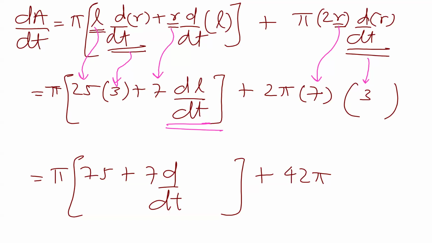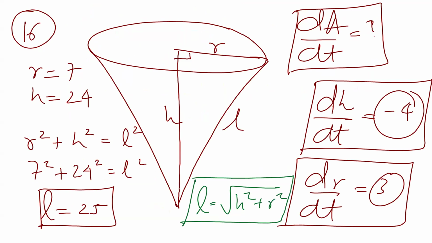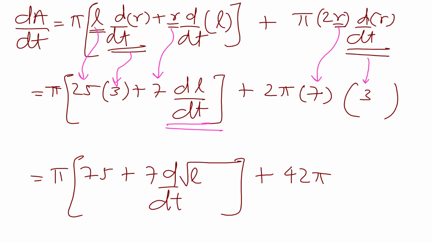Okay. So now let's go back to slide number 1. Can I say L is equal to root of h square plus r square? Yes. So here L is root of h square plus r square. Now here we are going to differentiate. This will be a bit complicated if you aren't attentive.